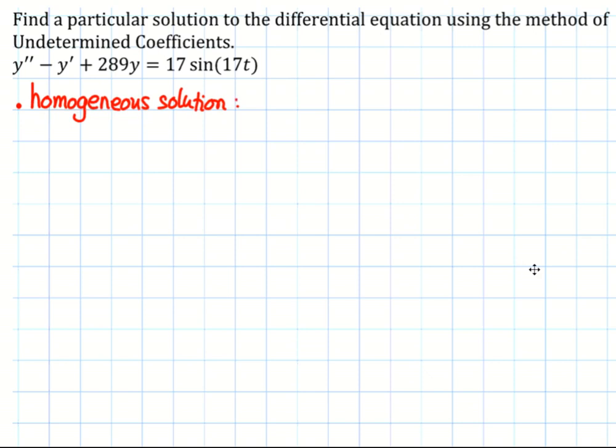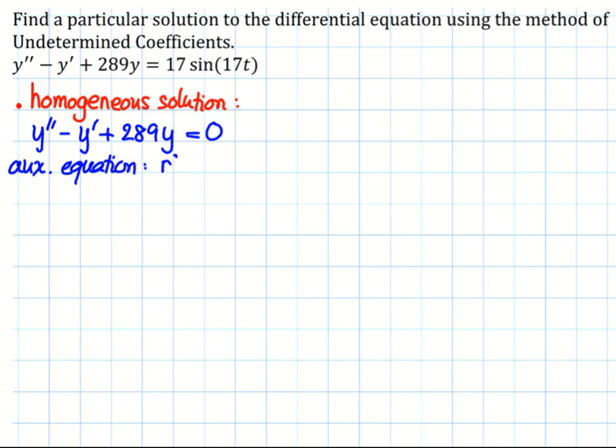So we'll have the homogeneous equation equal to 0, and the corresponding auxiliary equation is r squared minus r plus 289 equal to 0.